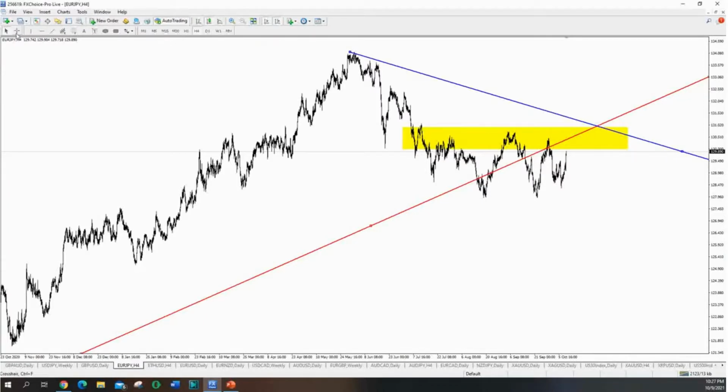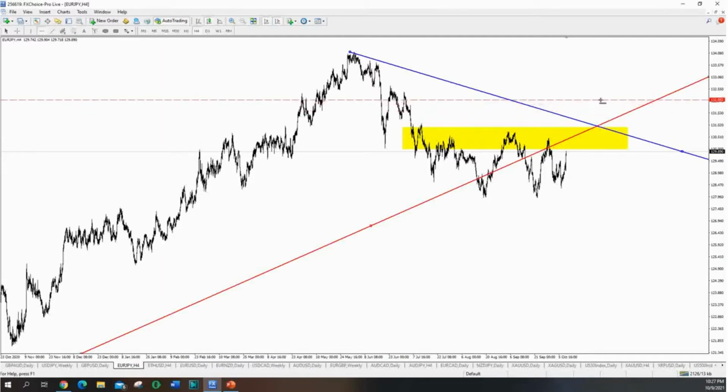Yeah, so here's gonna be a good place to sell. I mean, the risk is not a lot. If the market comes back inside of this, you can put your stop loss just above the trend line, because if the market tries to penetrate this trend line, it's because it's gonna break up and then move higher. So you don't wanna be selling something that is gonna move up. So it's better to put a stop loss anywhere around here.